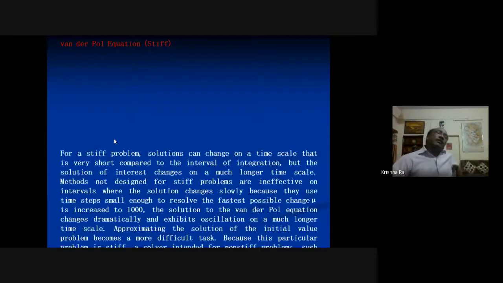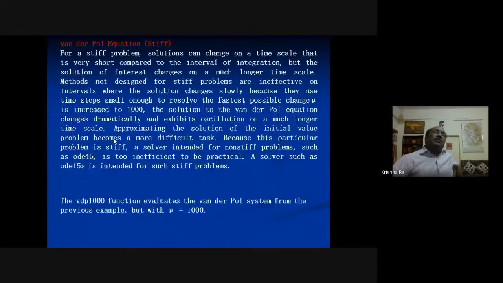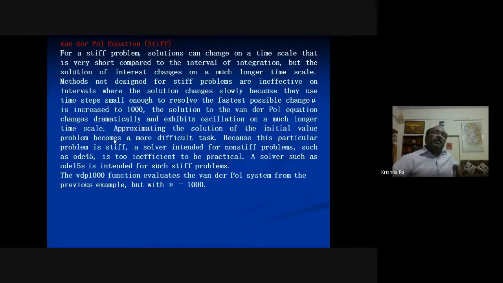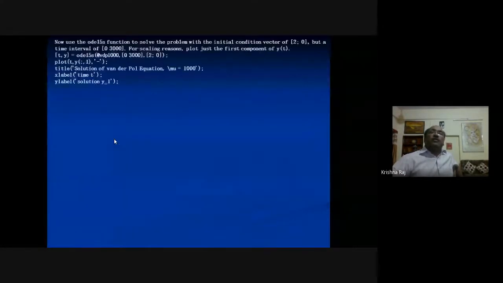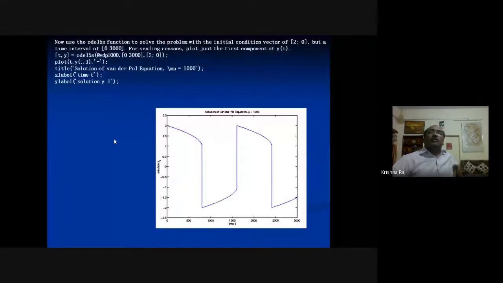These are very simple but very useful when we are designing any system. Then the system may have this type of differential equation, and that can be solved using this. Similarly, we can solve for mu equal to 1000, and we will get this result here.